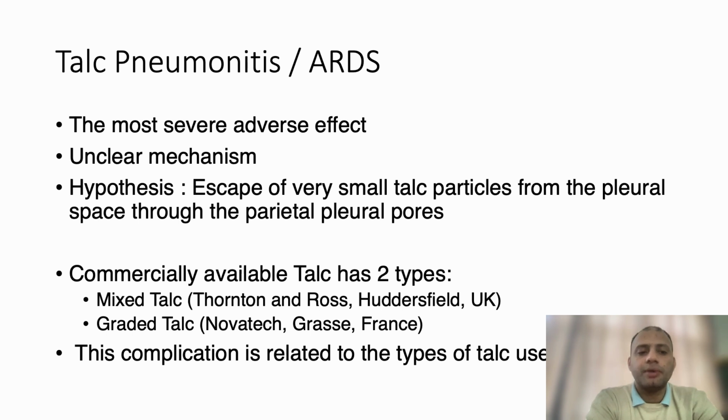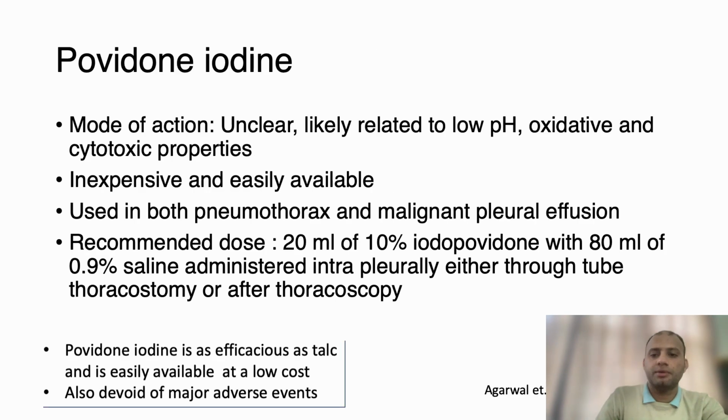It has an unclear mechanism, but the hypothesis is that there can be escape of very small talc particles from the pleural space through the parietal pleural pores. Commercially available talc has two types, mixed and graded, and these complications are usually related to the type of talc used, but they are not related to the dose as well as duration of the chest clamp.